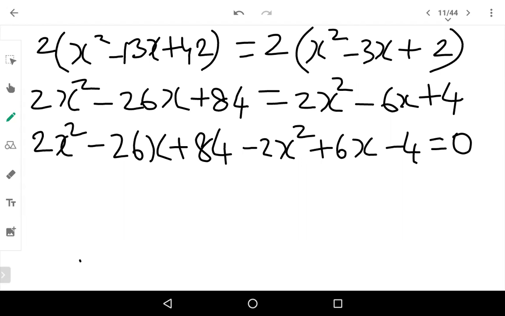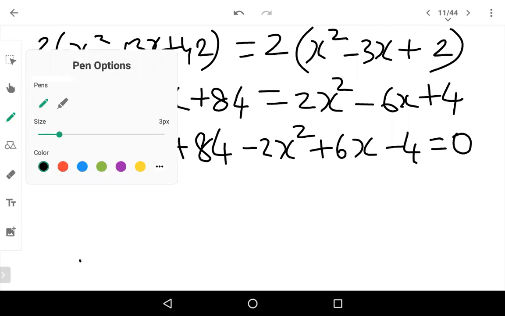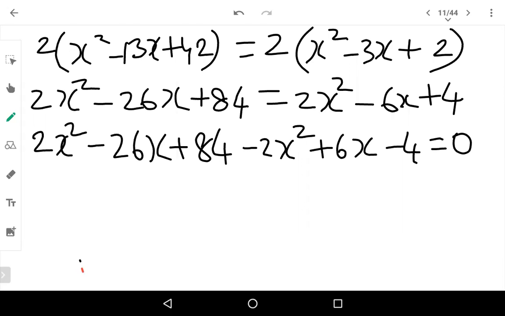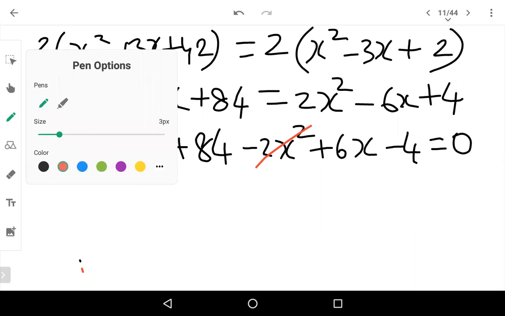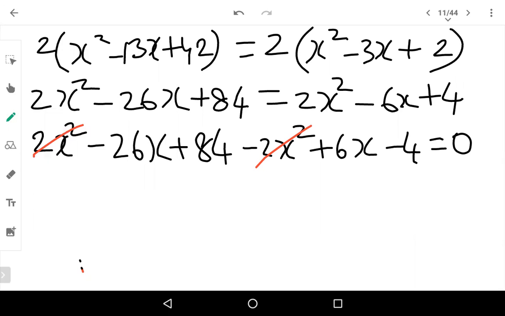Now I again get another chance to cancel the variables. Plus 2x square minus 2x square can be cancelled. Now the rest of them are not the same, so we will simplify that.